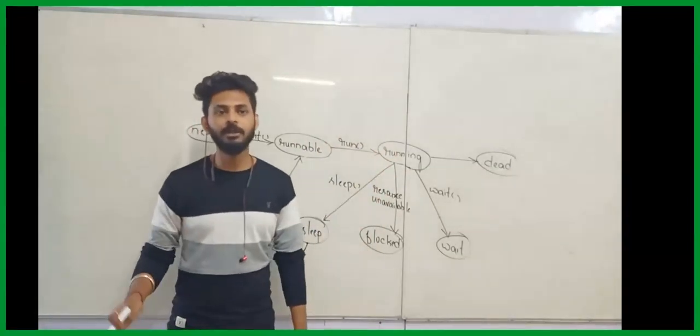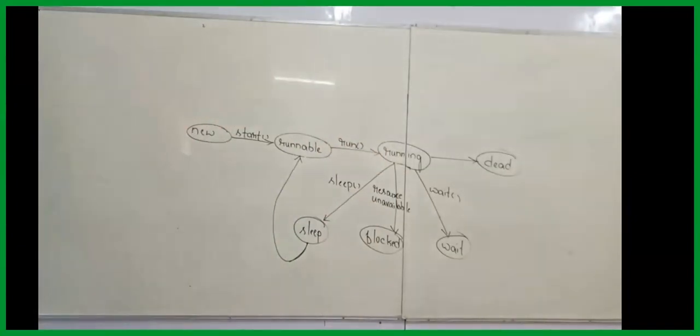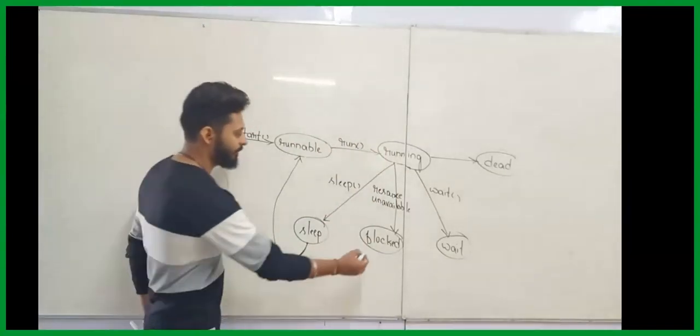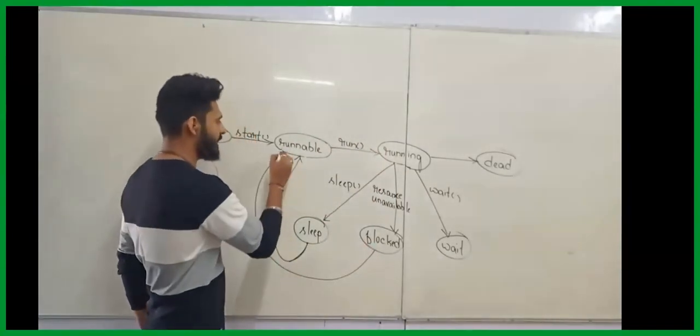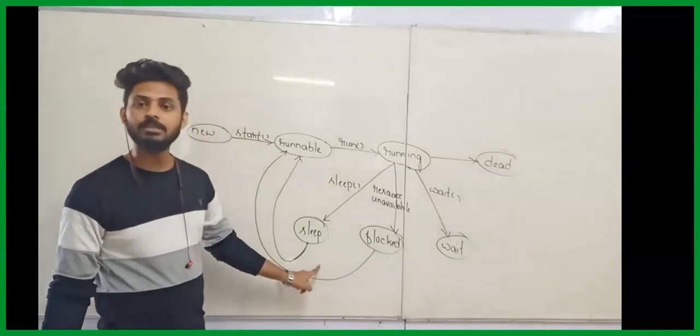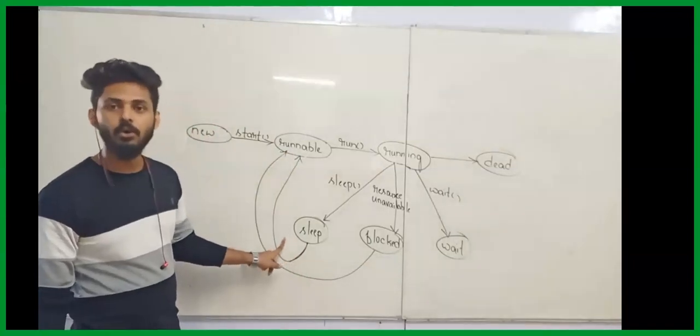At any point of time, how many threads can I have? Only one in your running state. So where will it go? Runnable, and it will keep waiting. Until when? Until it gets a chance. However, when will it come out? When the resource becomes available. And sleep, when will it come out? Once the sleep duration is over.